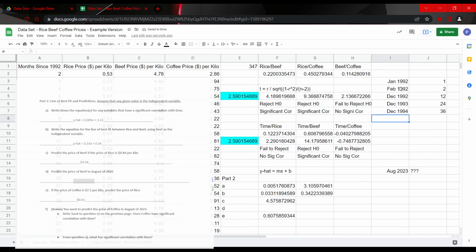And so from 1992 to December 2022 is going to be how many years, right? This is about 30 years. So 30 years times 12 months. So December 2022 is 360 months. January, sorry, did I do that right?